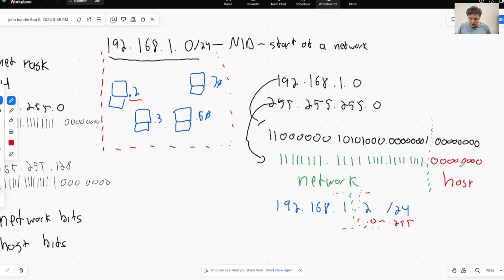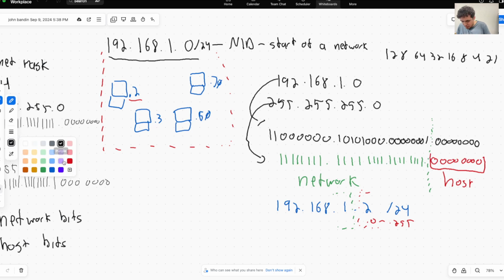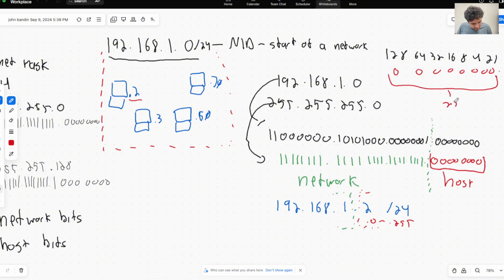.255. Now you may say, well, how does it know that? Well, you see these host bits? If I were to line those host bits up against my binary conversion chart, which is 128, 64, 32, 16, 8, 4, 2, 1, and add them all together, that equals 255.